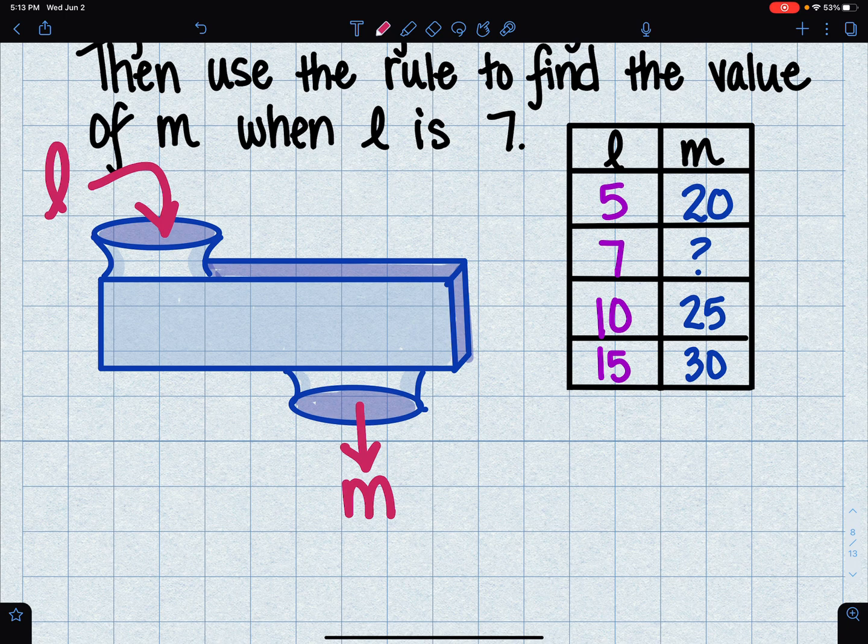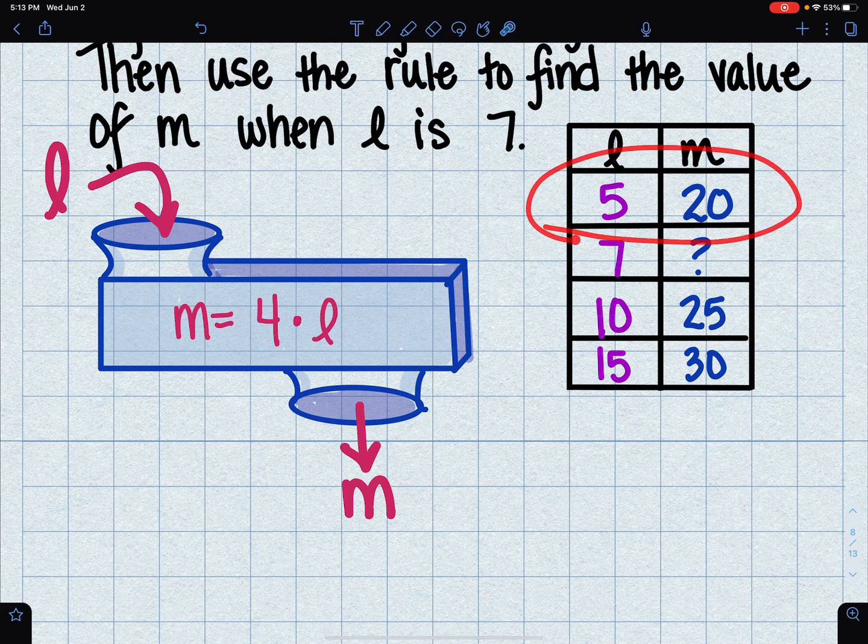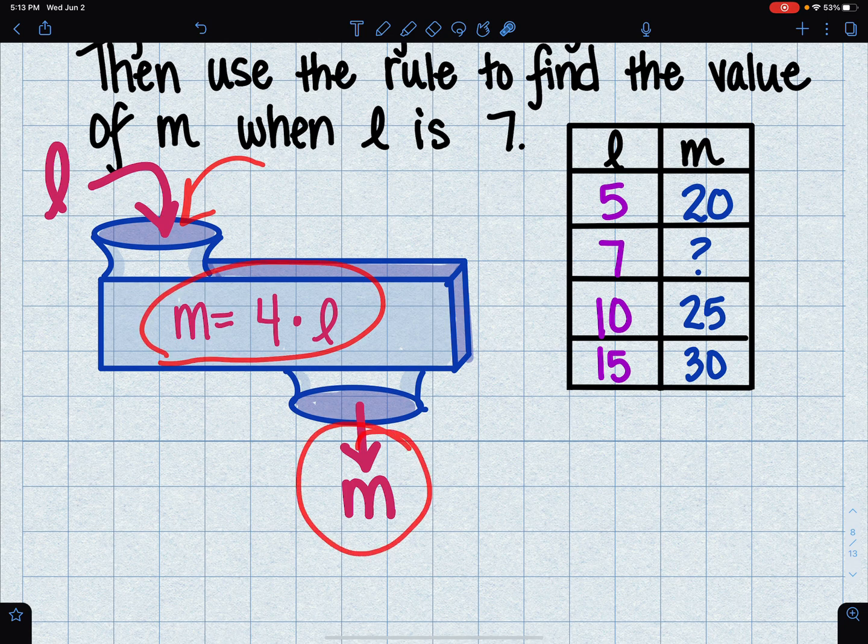So it might be, let me write it in, M is equal to 4 times L. It could be that if we're only looking at this one, because that would make sense. We plugged in a 5, and if m is equal to 4 times L, then it would spit out a 20.